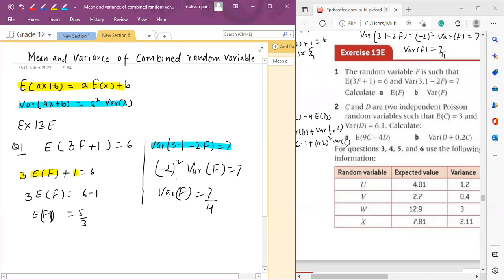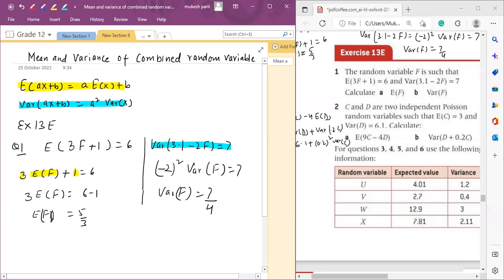What about the 3.1? That's important. If you look at the formula, this constant term or parameter is not playing any role in changing the variance. So here also this 3.1 will not play any role. Only the number which is with the random variable, the 2 with F, plays a role in changing the variance.